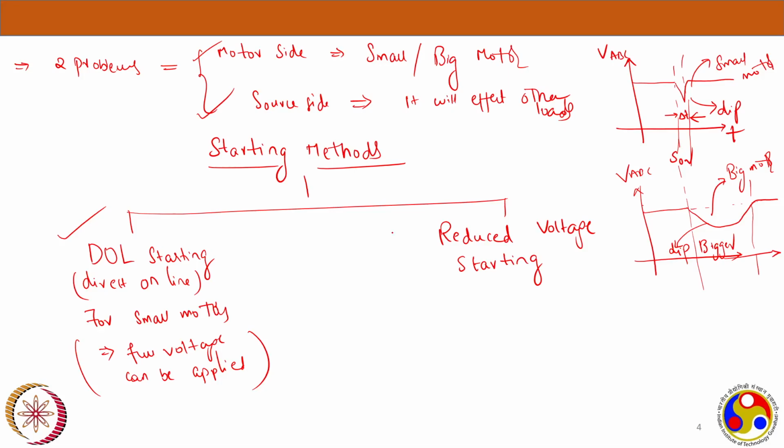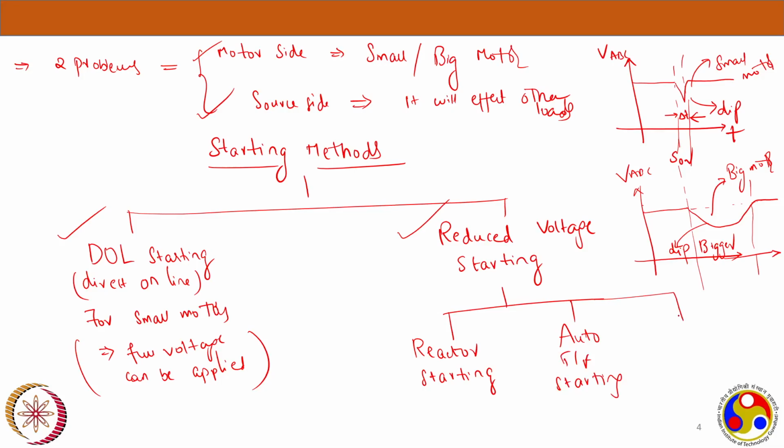So one is a full voltage method, where even if you apply full voltage there is no loss in it, and the other one is the reduced voltage starting. Within this reduced voltage starting, we have different methods. That is reactor starting, auto transformer starting, and another method is also there, like star delta starting.